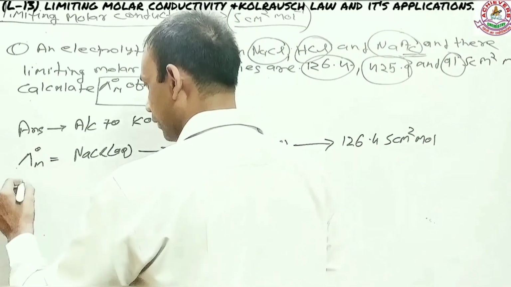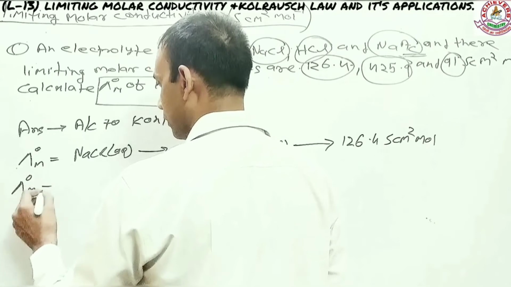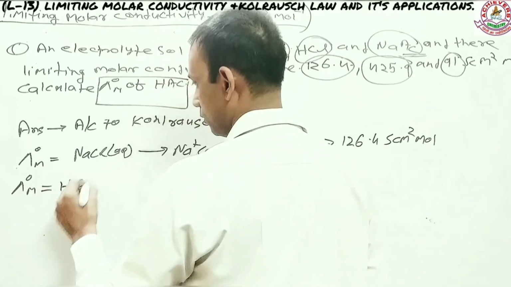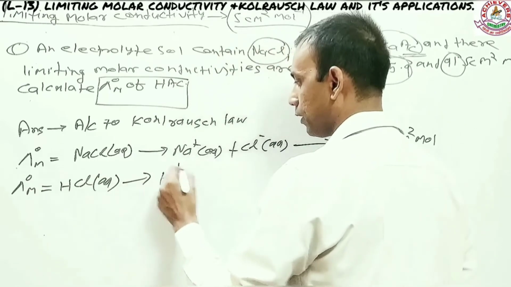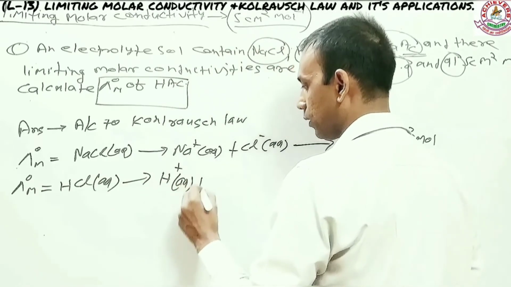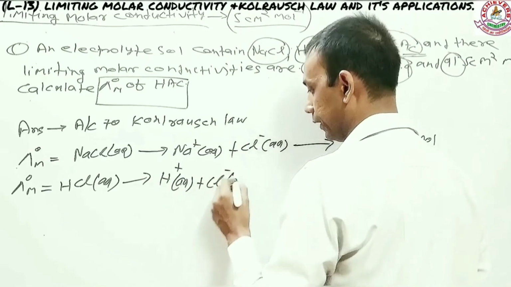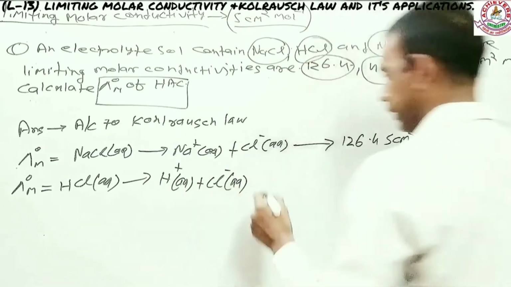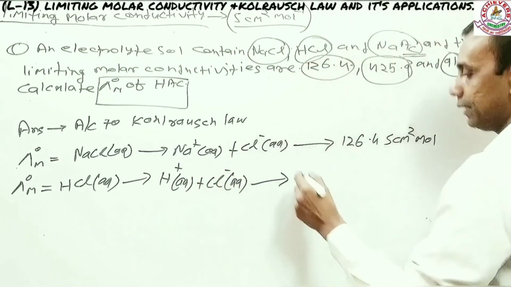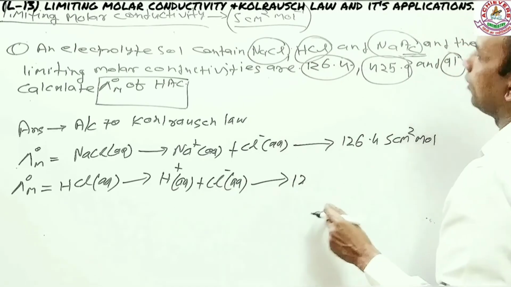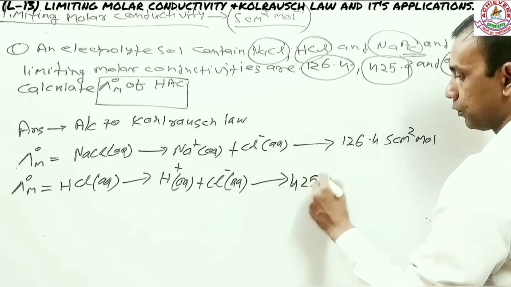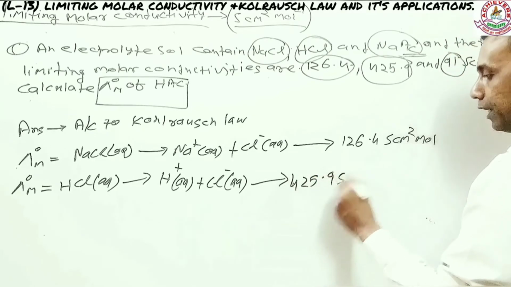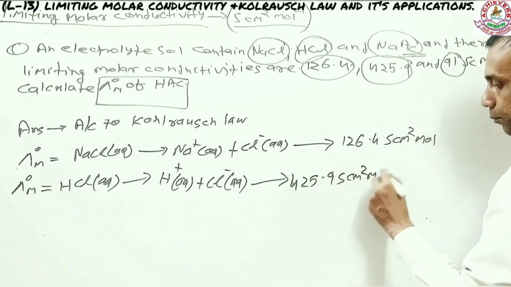The second one in our list is HCl. HCl produces two ions, H plus and Cl minus, and the conductivity there is 425.9 Siemens centimeter square per mole.